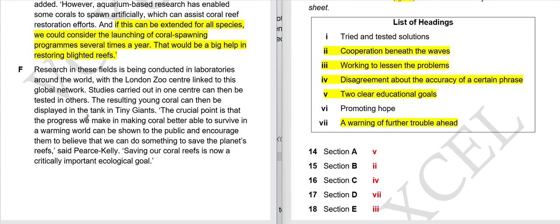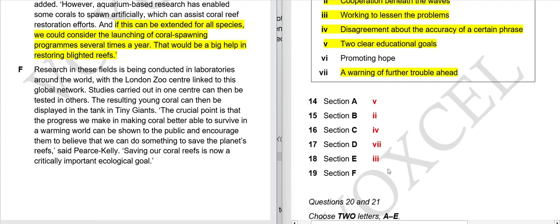The resulting young coral can then be displayed in the tank in Tiny Giants. The crucial point is that the progress we make in making coral better able to survive in a warming world can be shown to the public and encourage them to believe that we can do something to save the planet's reefs, said Piyush Goyal. Saving our coral reefs is now a critically important ecological goal. Okay, it's quite easy. I will give you 5 seconds again to figure out the answer.